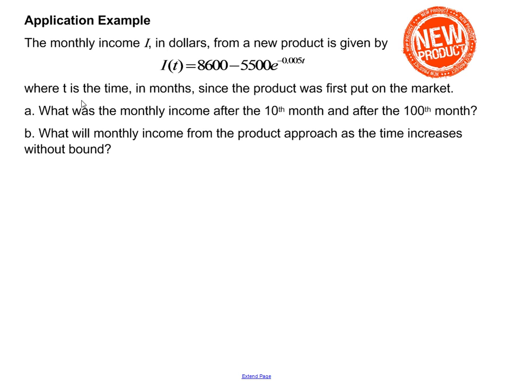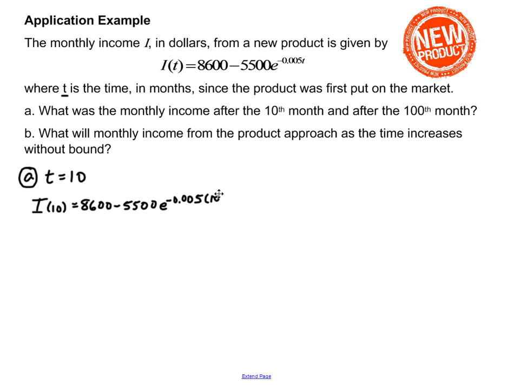What does that mean? Well, remember, t is our variable representing time in this setup, so we're going to make the substitution for part A by allowing t to equal 10 months. And let's find out what happens. So I, the income at 10 months, is going to equal 8,600 minus 5,500 times e to the negative 0.005 times 10.